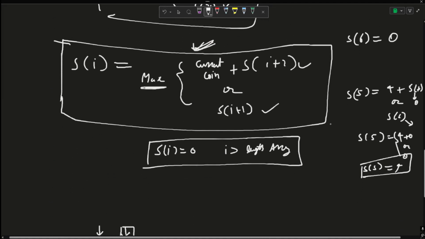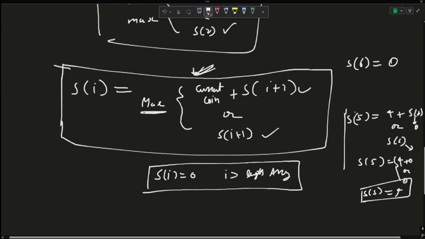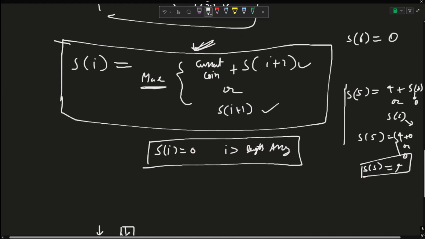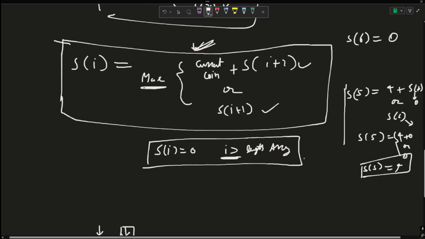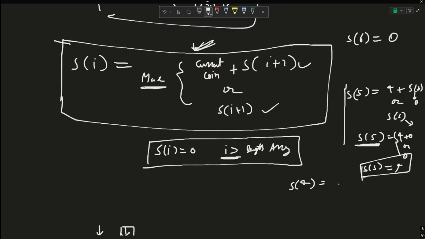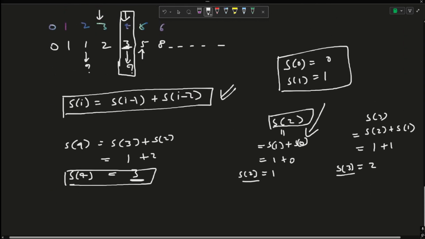Similarly, this base case will stop the recursion, because we needed S of 6 and S of 7, in which both will come 0, and we'll get S of 5. See, we calculated S of 5. Similarly, when we calculate S of 4, we will need S of 5 and S of 6. So recurrence will work like this.